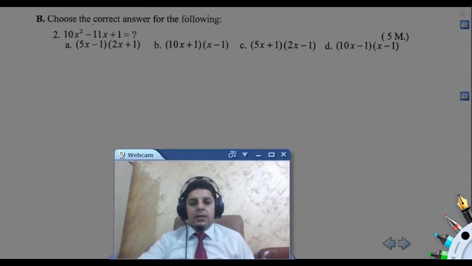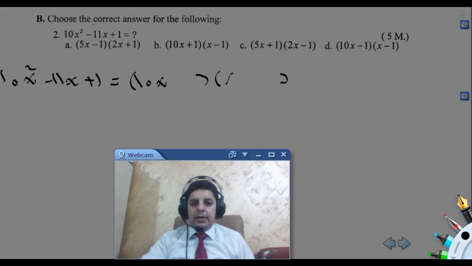By using experiment, 10x squared minus 11x plus 1 equals, open two brackets. 10x squared comes from 10x times x, and 1 comes from 1 times 1. The sign is minus, then the sign is minus. That is factoring by experiment.